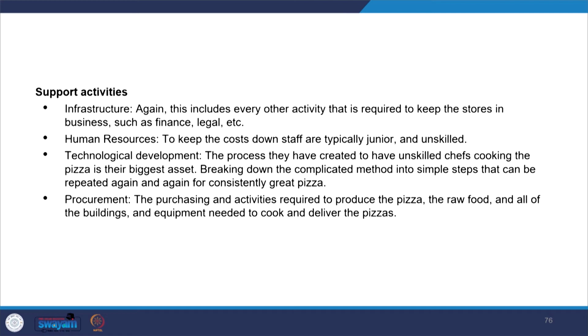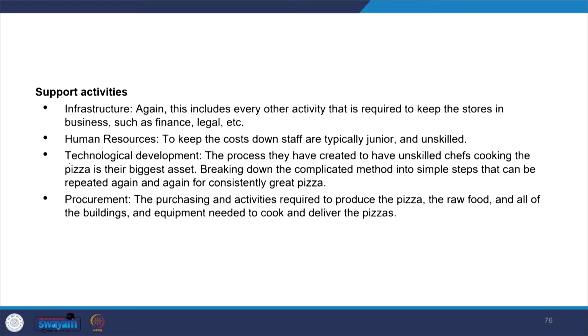So what does it mean? Although they hire people who are not so skilled, the system that they have already developed is so convincing and so easy to operate that even a person who is not so skilled can perform efficiently, right. So they can get the same taste and flavor of pizza again and again with a regular consistency, right. That kind of technology they have developed.